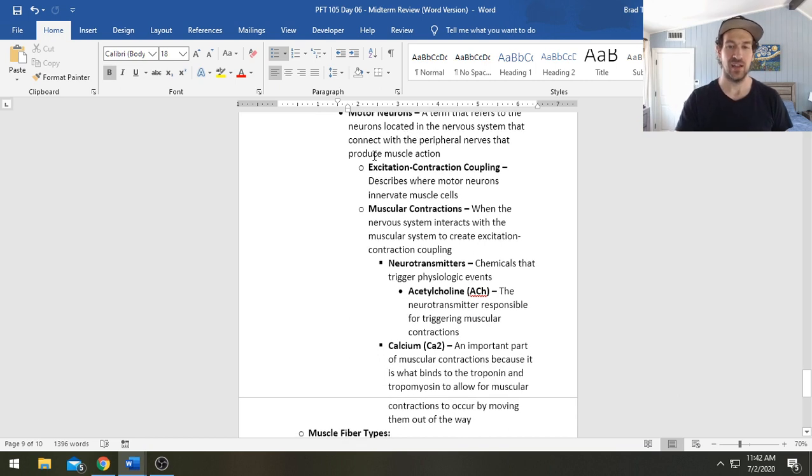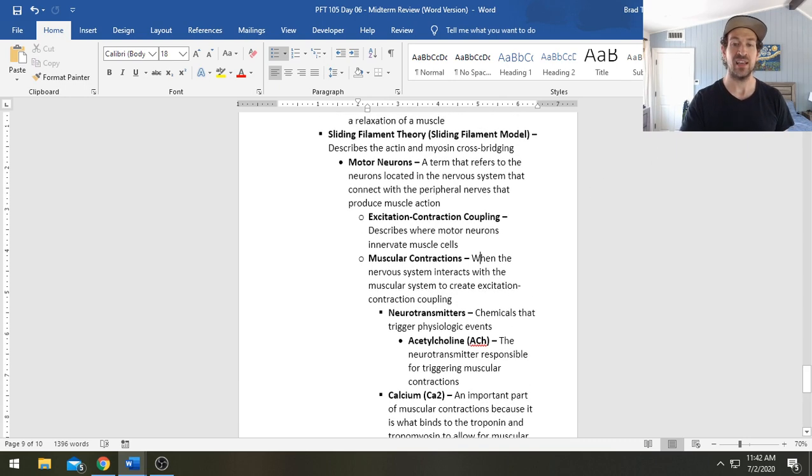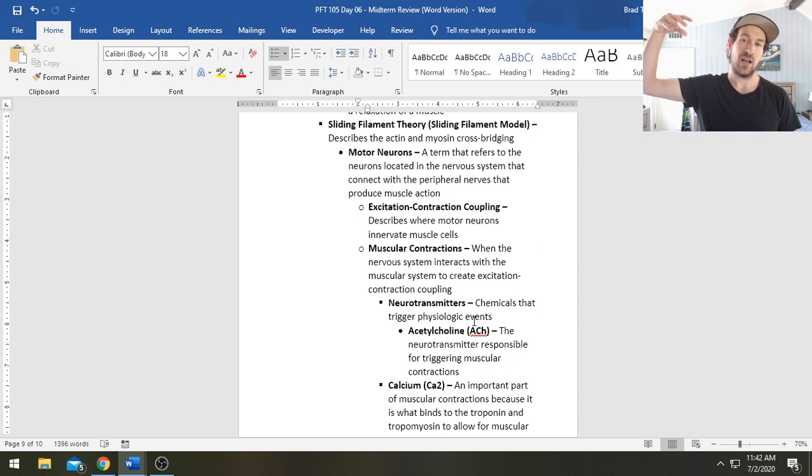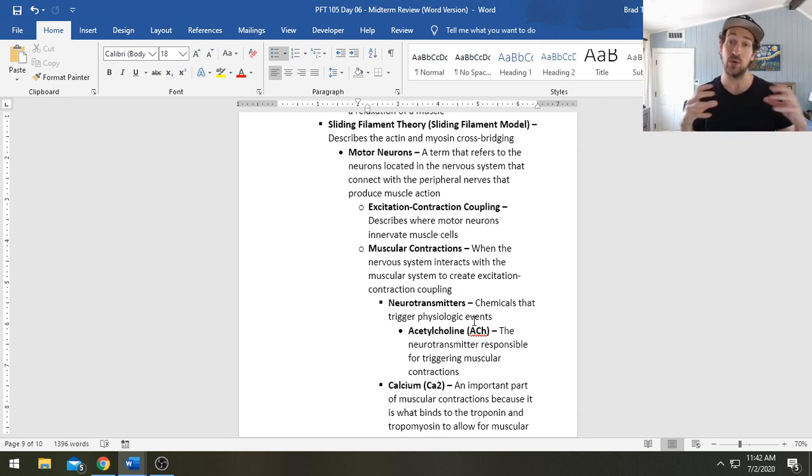There is an excitation that causes a contraction because they are coupling. So what a muscular contraction is, again, is when the sliding filament model occurs. And a muscle contraction will occur anytime there's an excitation-contraction coupling that triggers what is called an action potential. So anytime a motor neuron zaps a muscle, the muscle actually creates its own electric charge and a bunch of really cool things start to happen.